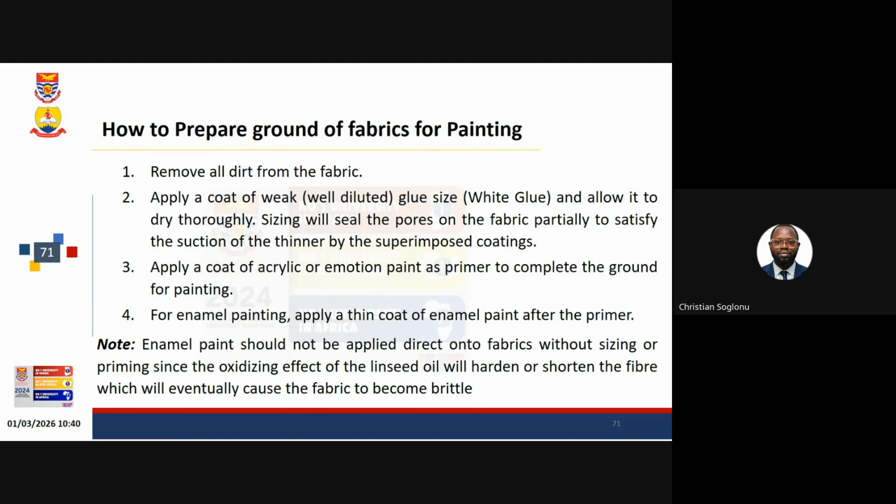So after you prime, you can now come again, you prime with the enamel painting. Then you do your final work. That is the preparation that you give to the fabric when you want to do your painting on a fabric.